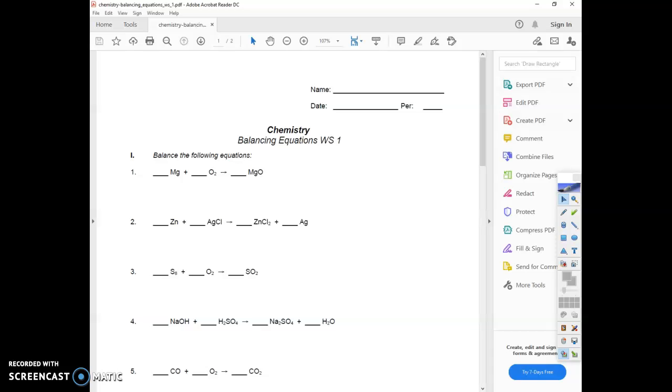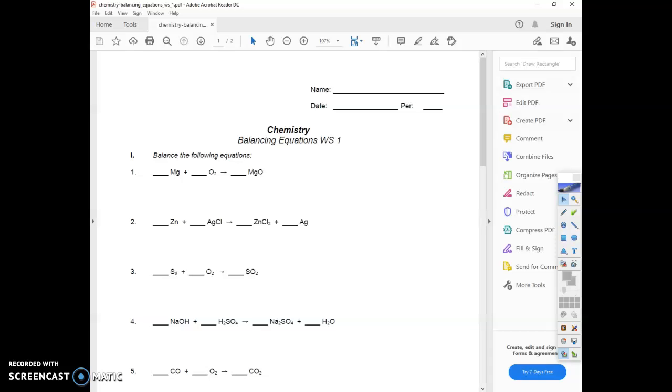So the first one I'm going to look at is Mg plus O2 yields MgO. And what you notice here are some blanks in front of each of these. So when you are balancing equations, always leave some room in front of each of your atoms or compounds so that you can write your coefficient.